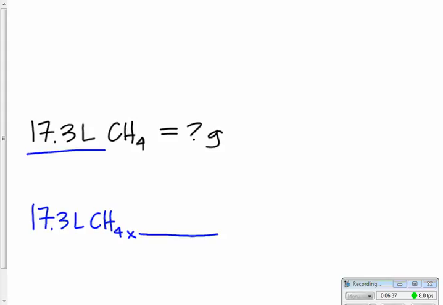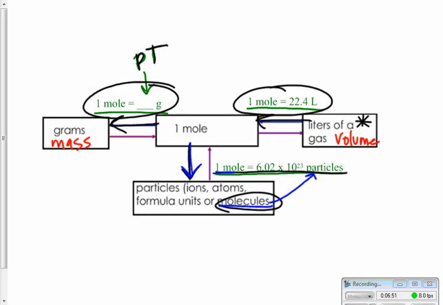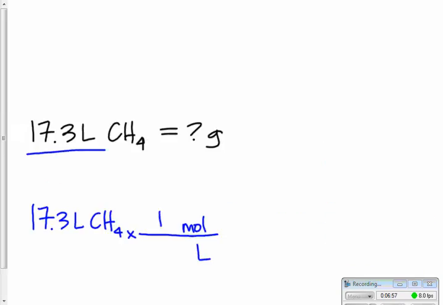Liters, I want them to go away, so I'm going to put them on the bottom, opposite, always opposite. On my chart, liters, the arrow points to moles. That's my top unit. So now I'm going to look at the numbers. For liters is always going to be 22.4, for moles is always going to be 1. I'm going to put those in. So 1 mole, 22.4 liters, and I'm going to cancel the units that divide out.